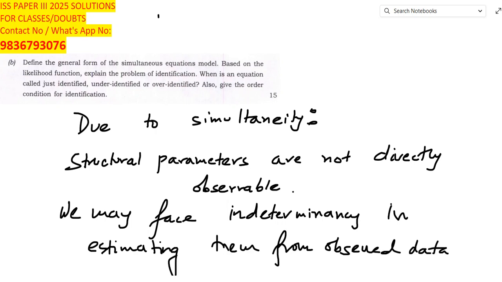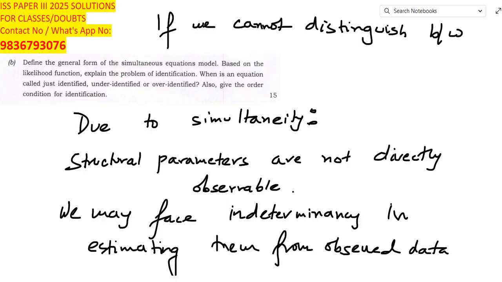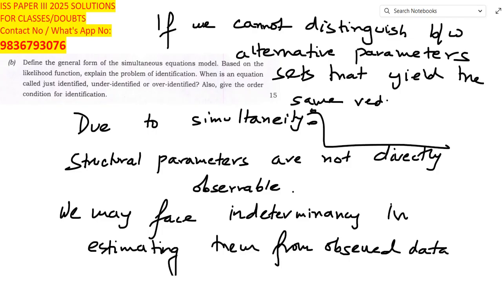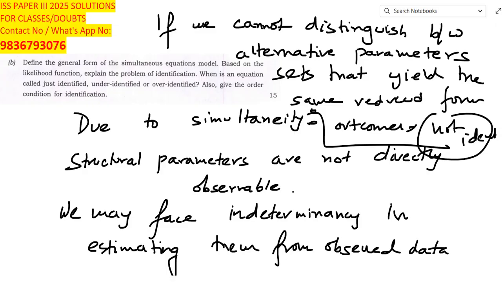So if we cannot distinguish between alternative parameter sets that yield the same reduced form outcome, then the equation is not identified. Here the question was based on the likelihood function. Explain the problem of identification.